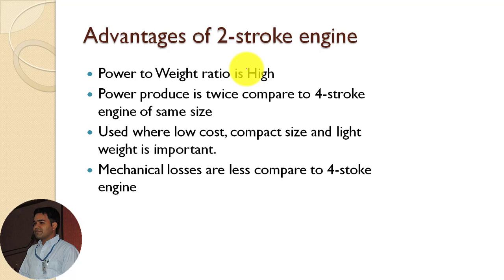Two-stroke engine is utilized where low cost, compact size and light weight are important, and no valves, no actuating mechanisms, so that's why no frictional losses, no mechanical losses. That's why we can say that mechanical losses are less compared to the four-stroke engines.